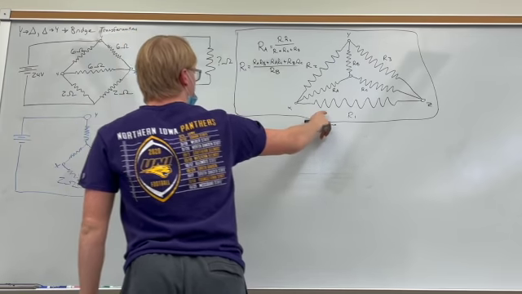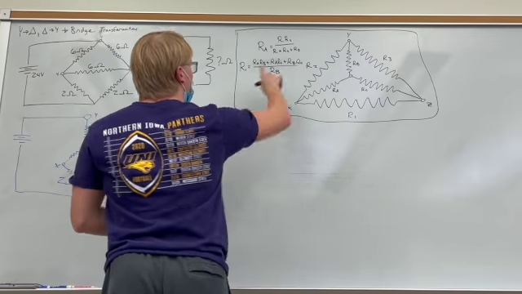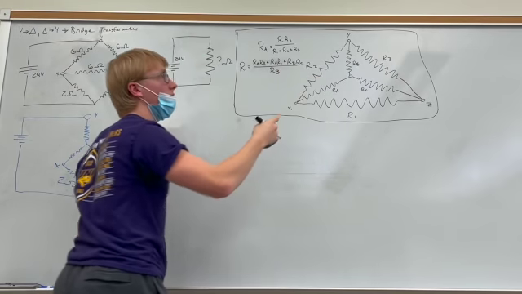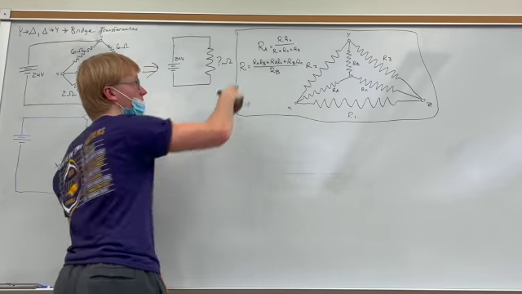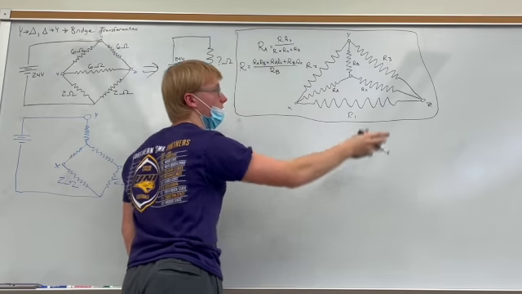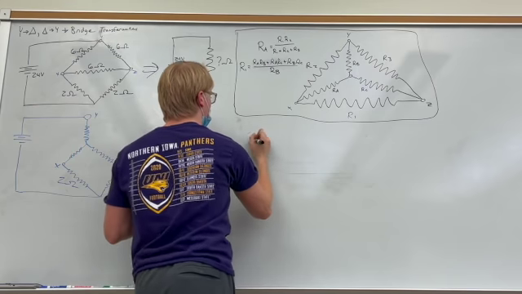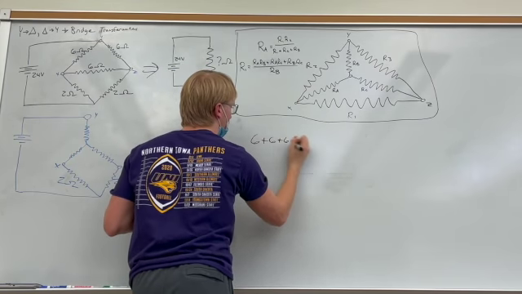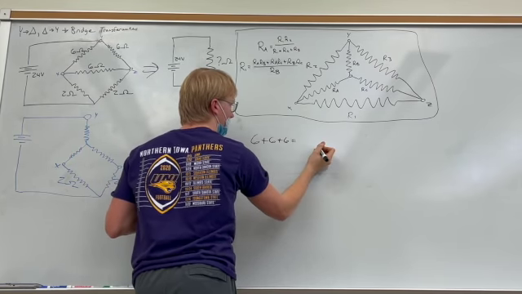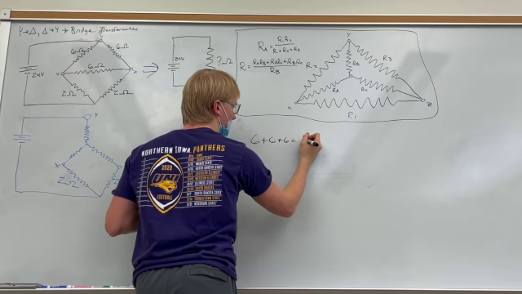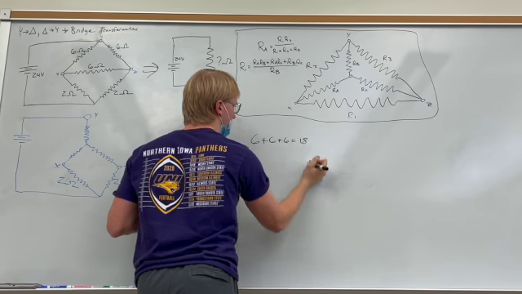The numerator is going to be 1 over 15 plus 1 over 10 plus 1 over whichever this is, and the denominator is going to be the same. The denominator in this case is going to be 6 plus 6 plus 6, so that's 18.